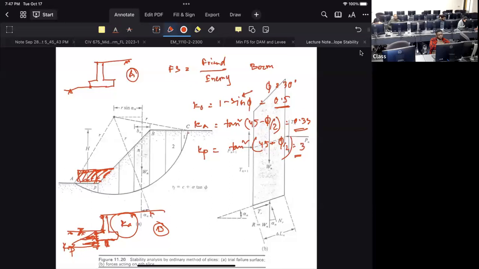So for a slope repair project, which side should the construction begin from? From the top? From the toe? At the toe, your weight is helping the slope, so it will not cause a failure.